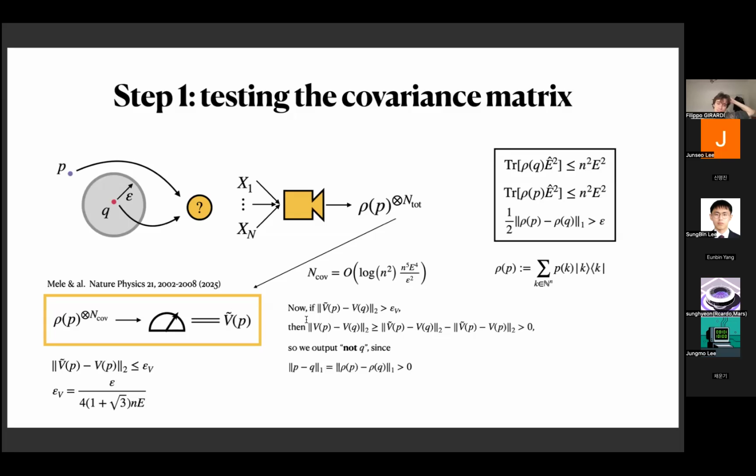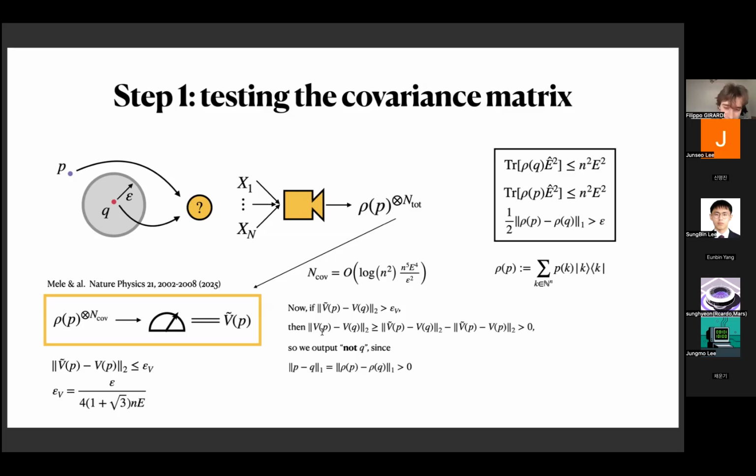Now, if it turns out that the estimator is epsilon v far from vq, so the covariance matrix that we would have for the probability distribution q, then it's easy to lower bound by a reverse triangle inequality the distance between vp and vq. And this distance is strictly positive.